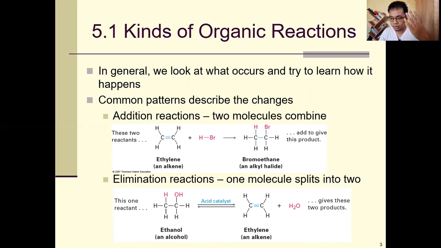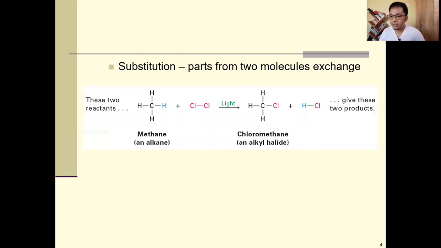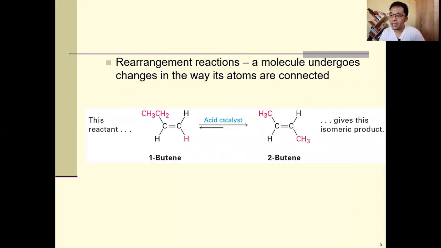So those are the four common types of reactions in your general chemistry. In organic reactions, guys, there are also four common types: the addition reactions, elimination reactions, substitution reactions, and rearrangement reactions. And again, these are the common types of organic reactions that occur in organic chemistry.